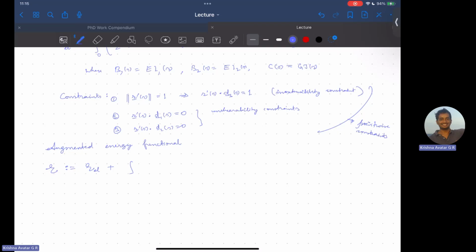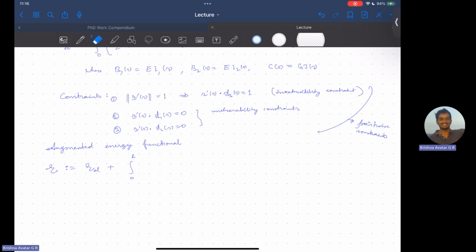So when we are imposing these constraints, even the Lagrange multipliers are themselves functions, so they themselves are pointwise. So let's first enforce the inextensibility constraints.